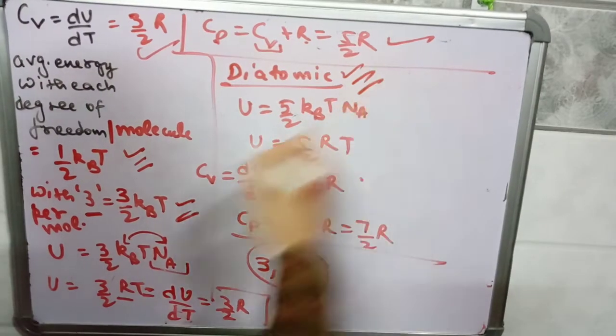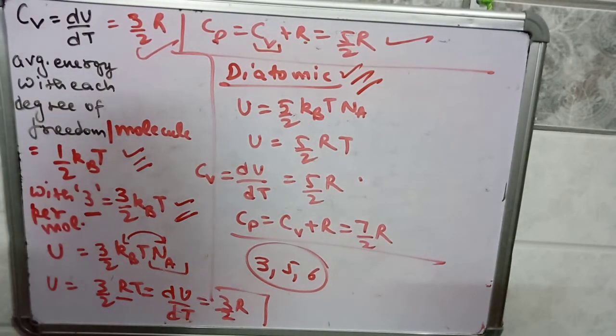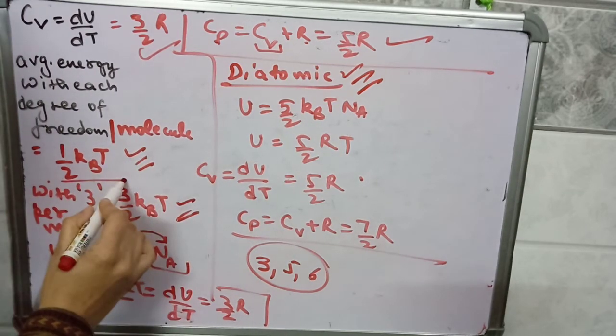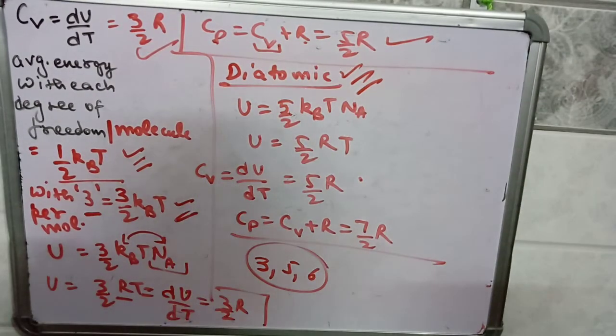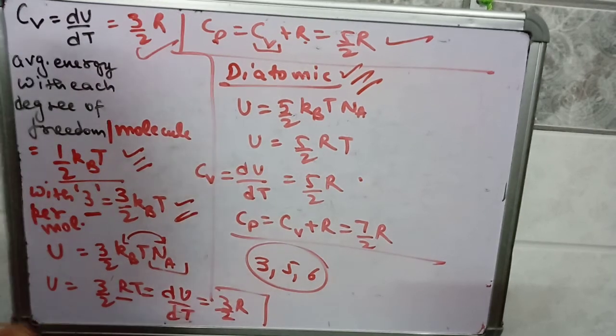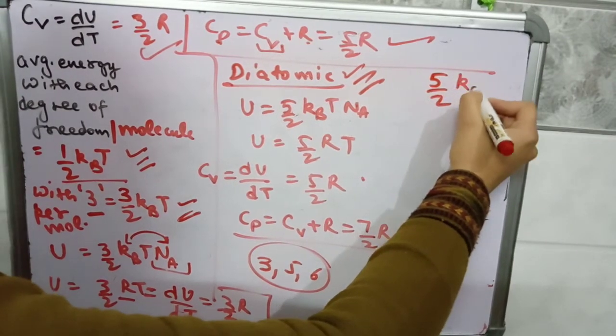Here we have discussed the diatomic gas. Again, according to the law of equipartition of energy, average energy associated with each degree of freedom per molecule is half kBT. But in diatomic gases there are 5 degrees of freedom. So with 5 degrees of freedom, average energy associated per molecule will be 5 by 2 kBT.